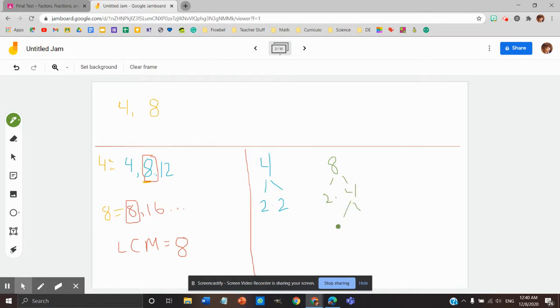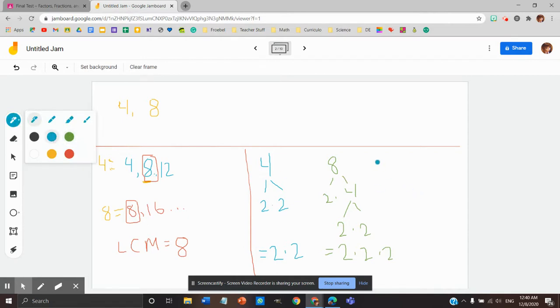And 4 again, we can just prime factor 2 times 2. So the prime factorization of 4 is going to be 2 times 2, and the prime factorization of 8 is going to be 2 times 2 times 2.